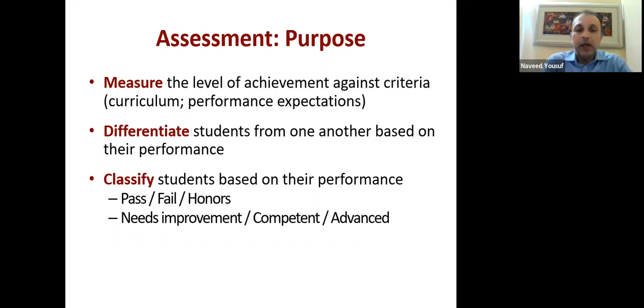And we do this using some benchmarks, using some cutoff scores, or passing requirements, minimum requirements, thresholds. And many of us are clinicians. We know if you want to classify any patient as anemic or normal, diabetic or normal, and so on, we need to have these cutoff scores, which are based on evidence, based on science.